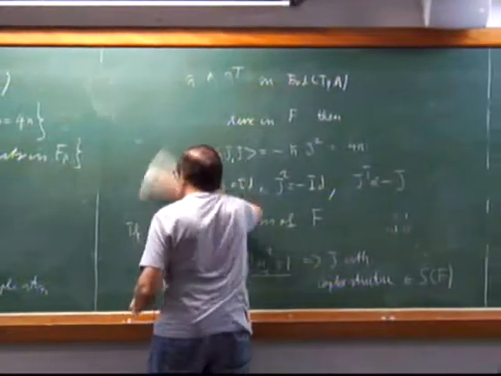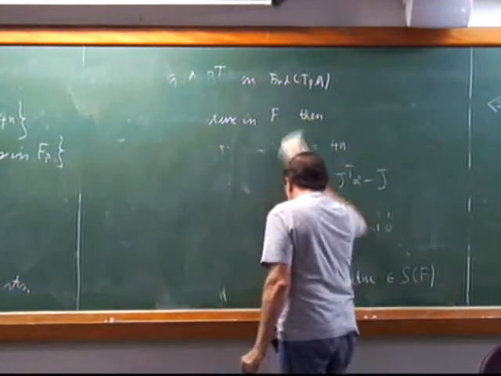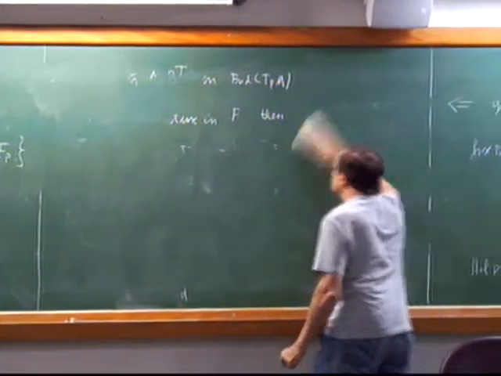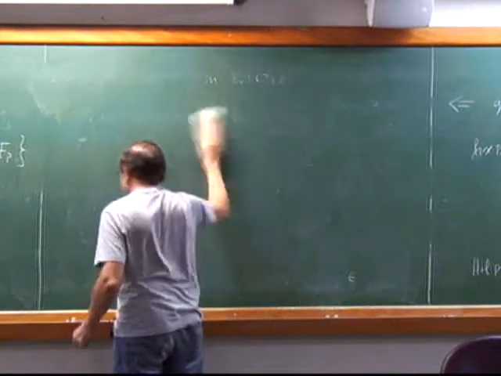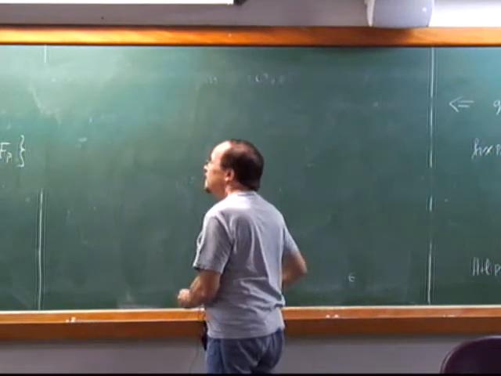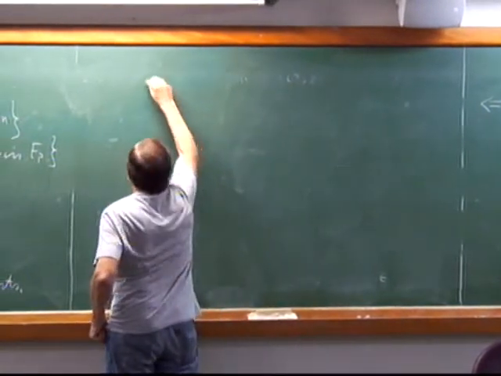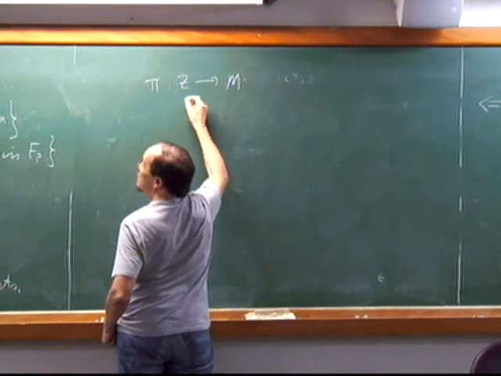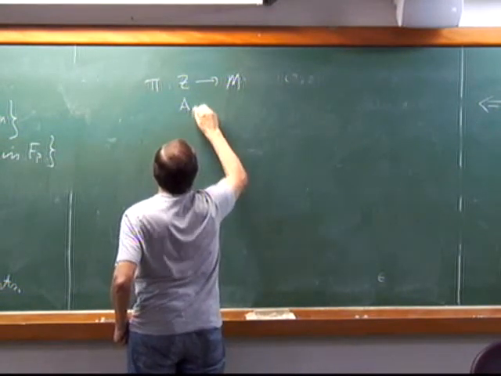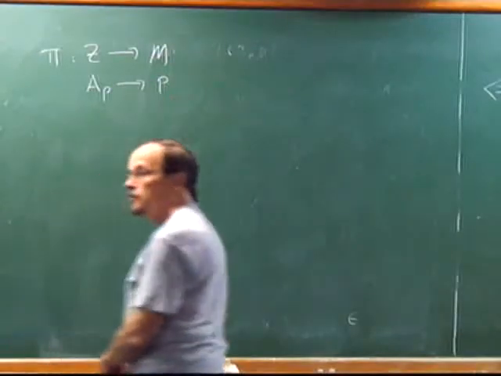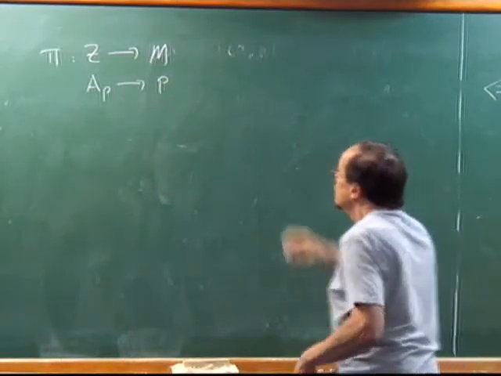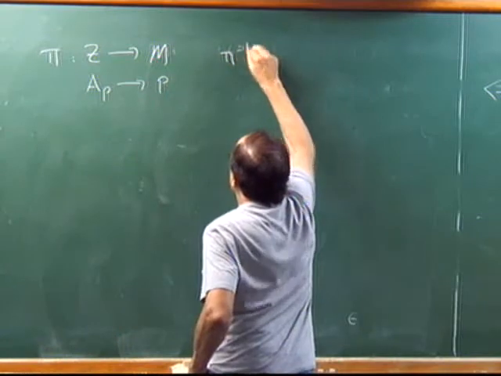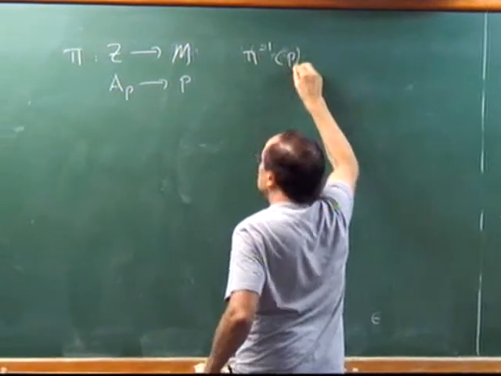And this becomes a complex manifold in a very natural way. It's a really neat definition. First, notice that there's a natural projection from the twistor space into M, which sends my endomorphism or my complex structure into the foot point. And what's pi inverse of some foot point P?